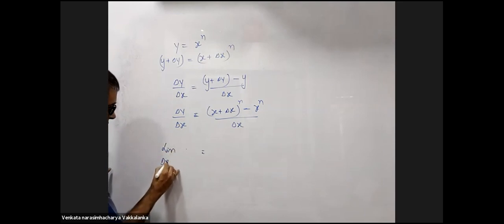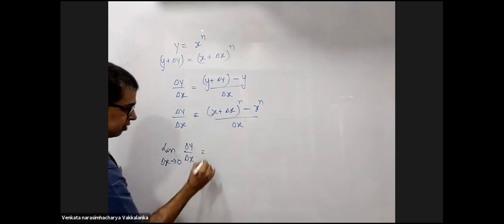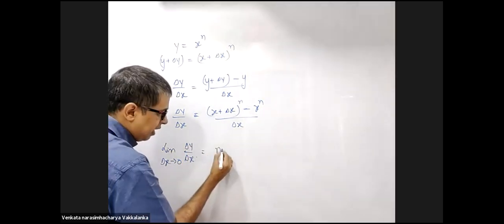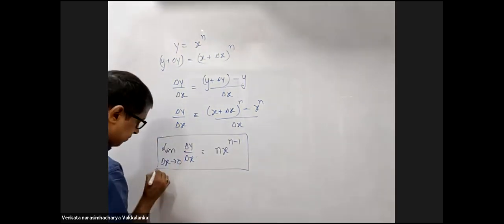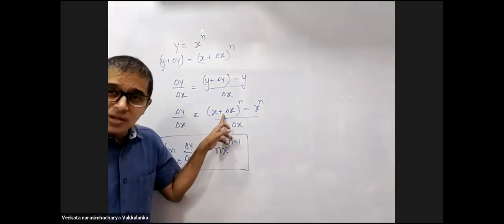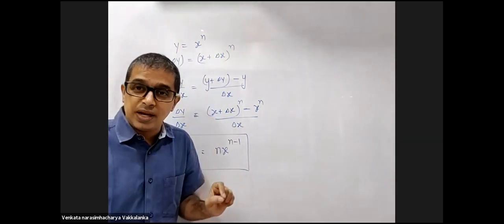After substituting limit delta x tending to 0, delta y by delta x, you will be left with n x to the power n minus 1. Why did you skip this simplification here? This will be expanded using binomial expansion.